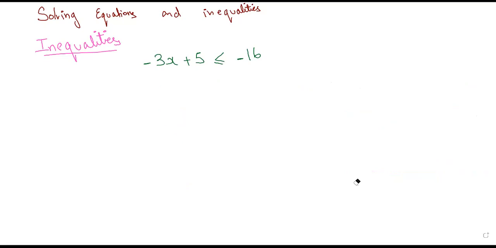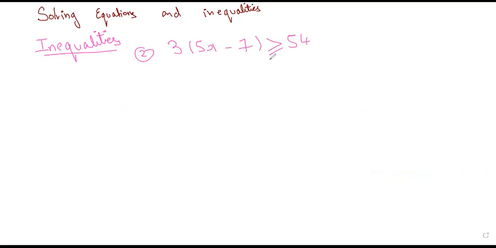Again, this is going to be a linear inequality. We have 3 times 5x minus 7 greater than equal to 54.